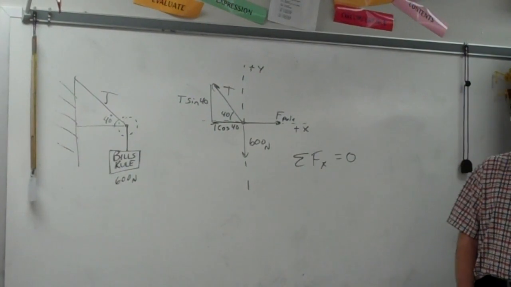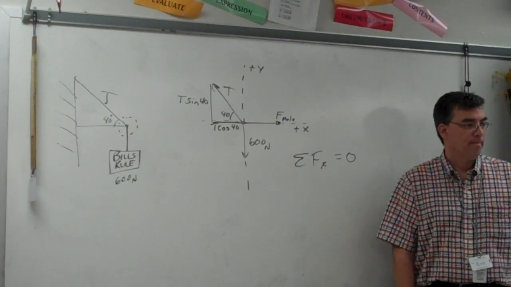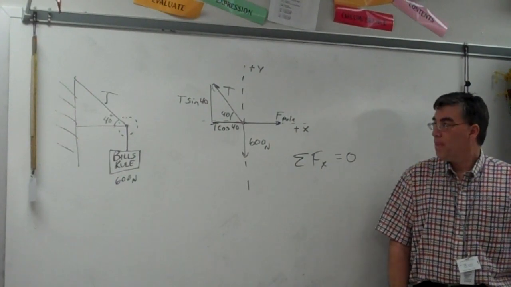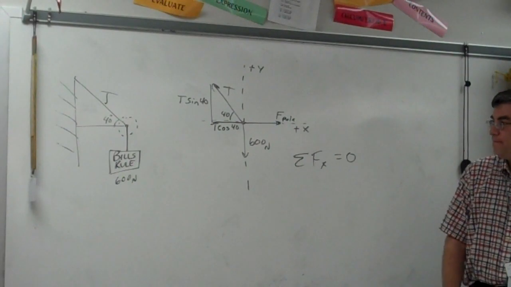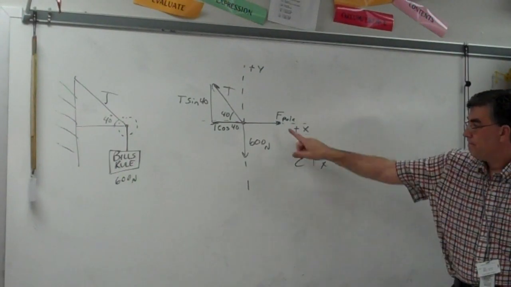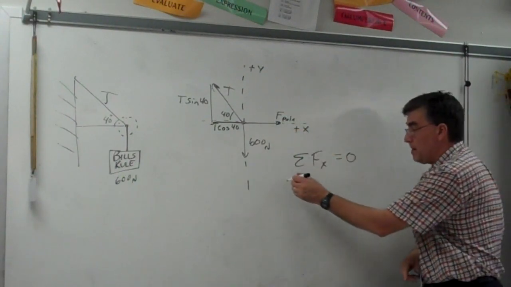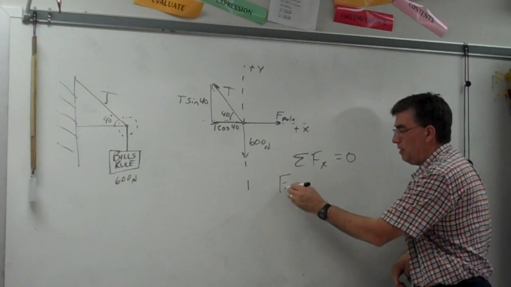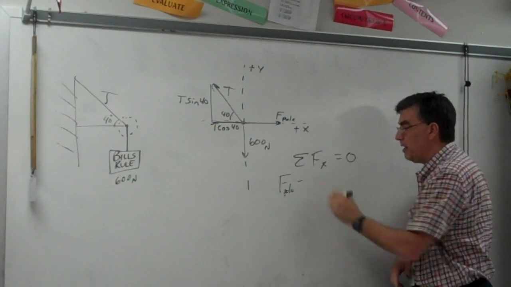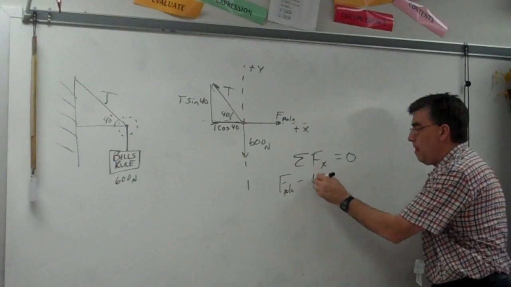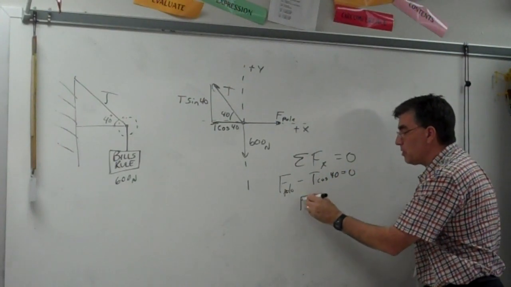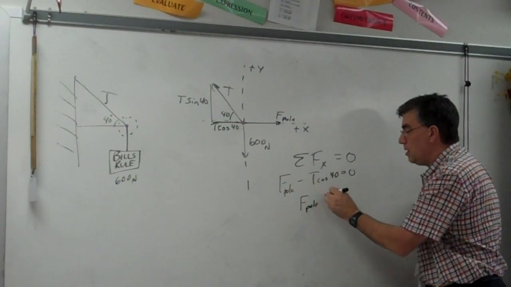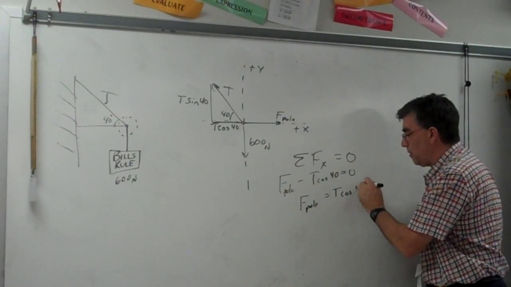Now start with your positive. What's our positive force? The force of the pole, right? Force of the pole minus T cosine of 40 equals 0. So I know the force of the pole is equal to T times the cosine of 40.